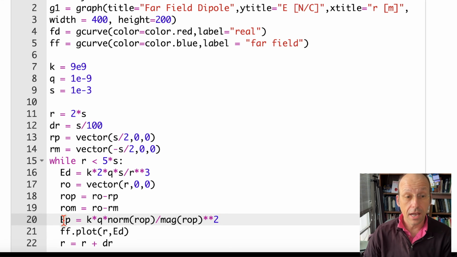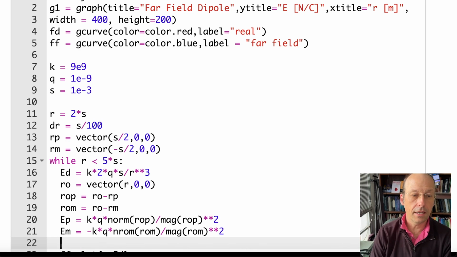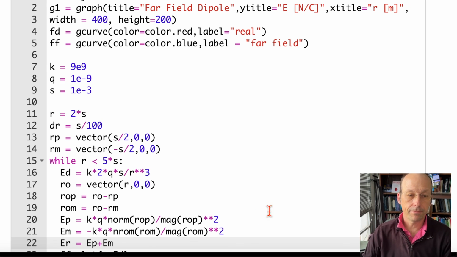It's a vector. I've calculated the vector value of the electric field right there. That's the unit vector R hat. That's the magnitude squared. E minus is going to be equal to K times negative Q, because the Q is negative now, times norm RO minus divided by mag RO minus squared. Then E real is just going to be EP plus EM.